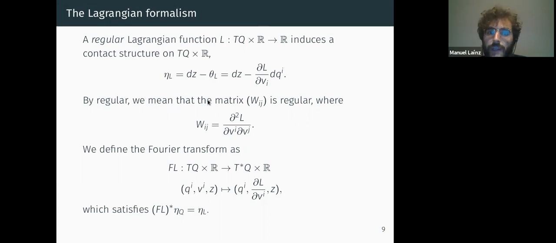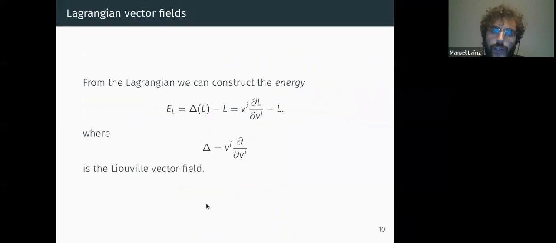We need a regularity assumption on the Lagrangian, which is just that the Hessian matrix with respect to the velocities is regular. And we can define a Legendre transform in this setting, which takes the contact form of the cotangent bundle onto the contact form of the tangent bundle if everything is regular.